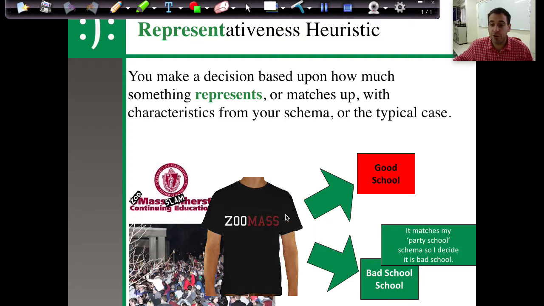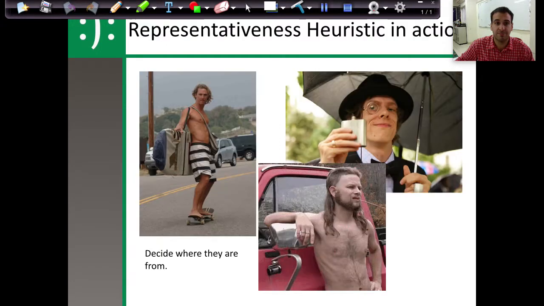So if you are looking at universities and this idea of a party school matches up with this idea that it's a bad school, it can't be a good school if it's a party school. So this would fall under bad school for some of you. Or for some of you, maybe you have a schema that tells you that if it's a party school, work hard, play hard, maybe that matches up with a good school. So it represents what you have in terms of your own schema.